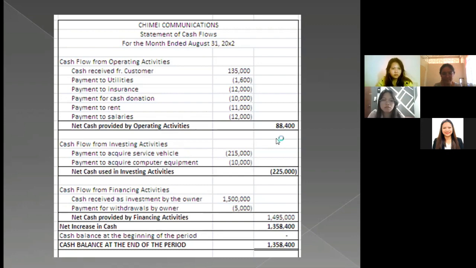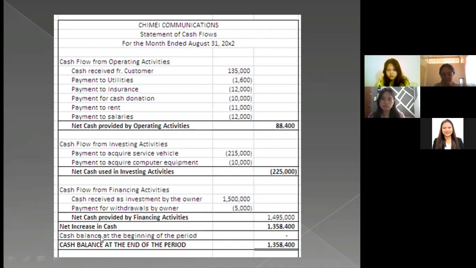So, 88,400 less the 225,000 na net cash use in investing. Tsaka yung i-add yung 1,495,000 na financing activities. Kaya nakuha yung 1,358,400. So, sa statement of cash flow, may i-add na cash balance.